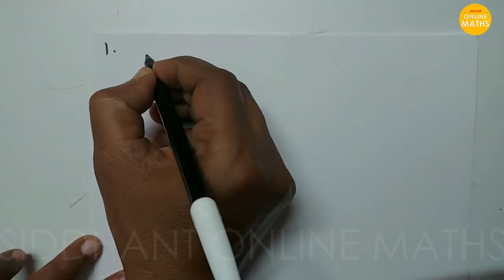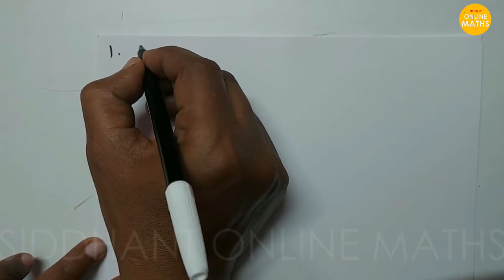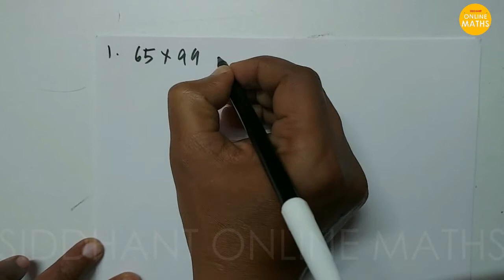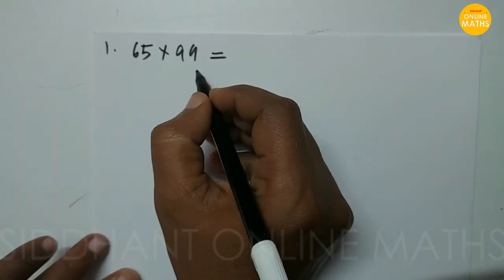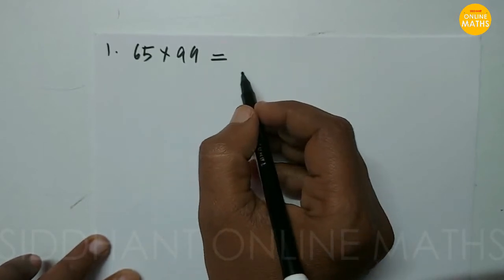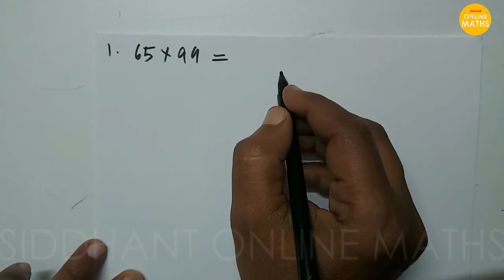So other example they have given like they increased the size of the number here, like 65 they have taken into 99. So now we know 99 is there, means you have to write with like 100 minus 1. So when you convert 99 into 100 minus 1, so the multiplication, addition or division, it will be easy for us.